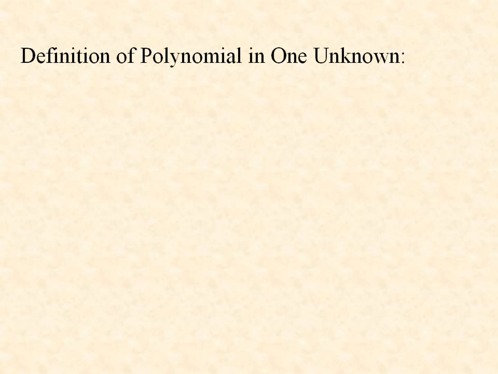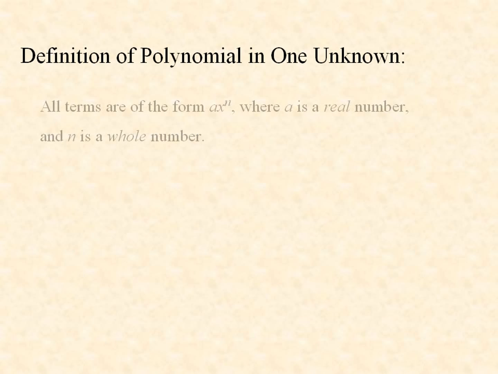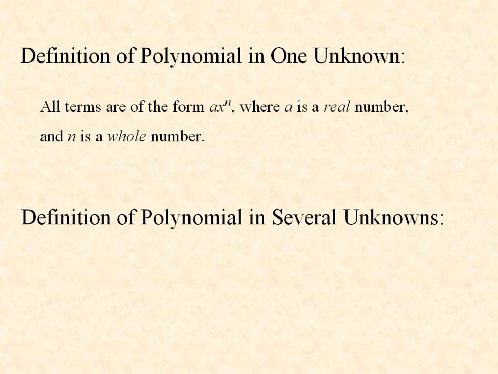Here's the definition of a polynomial in one unknown. All terms are of the form ax to the n, where a is a real number and n is a whole number. Here's the definition of a polynomial in several unknowns.